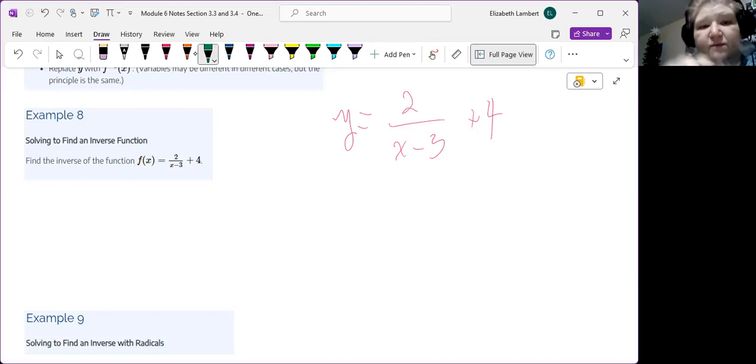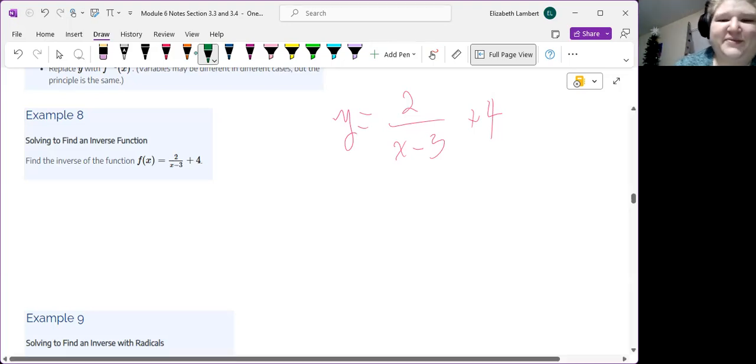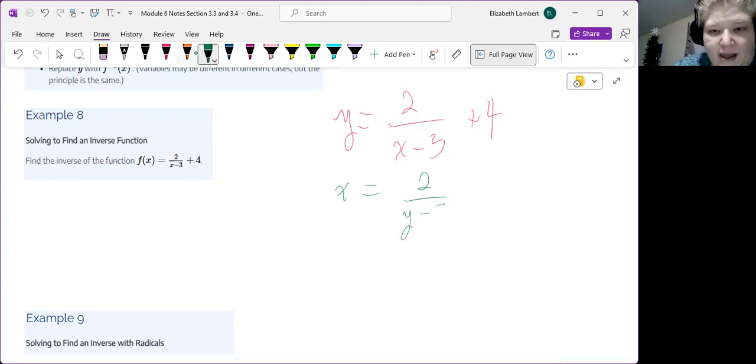If I'm following the steps in the book, the book would have it that way, but I'm going to do it my way where I swap them and then solve. Whichever way you do, make sure you only swap the letters once. So in place of y, I'm going to write x. And then in place of x, I'm going to write y.